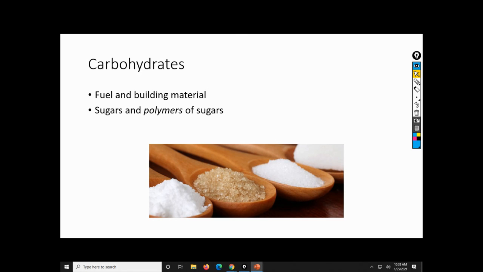So when we talk about these, this is fundamentally sugar, and quite literally sugar as you picture it, but also forms of sugar as they go in increasing complexity. So table sugar, we can think of complex carbs, breads, as well as when we're talking about building materials, things like starches, potatoes, cellulose, the building blocks of plants, chitin, the shells on insects.